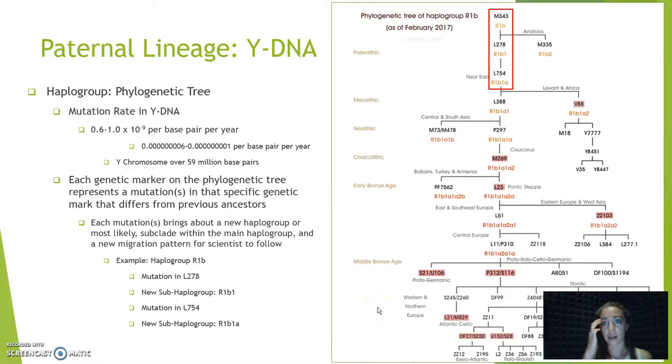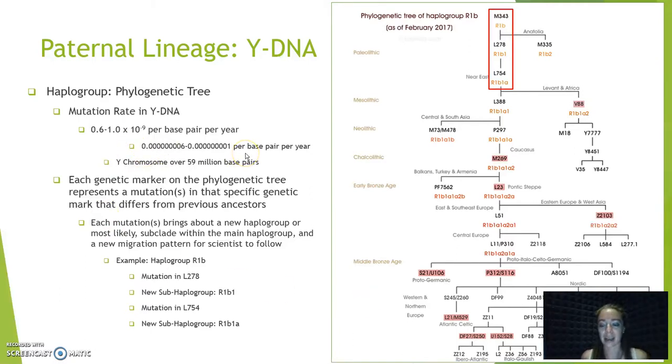So you may be asking, what is the mutation rate of Y DNA over 275,000 years? Scientists have estimated it's about 0.6 to 1 times 10 to the negative 9th power per base pair per year. For some of us who aren't good with scientific nomenclature, I wrote it out here for you guys.